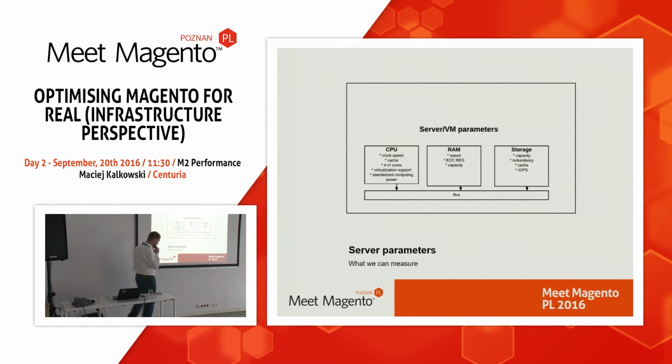Has anyone heard about such a thing as ACID in relational databases? What does D stand for? D stands for durability, right. Atomicity, consistency, isolation, and durability.